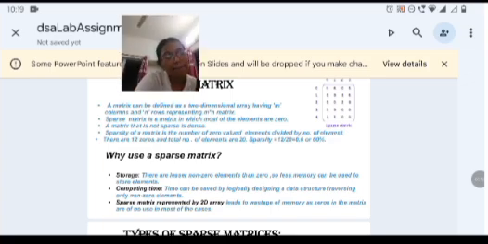Also, it takes much lesser time to compute anything in it because most of the elements are 0. If an appropriate algorithm and programming is built, then the time complexity and the storage space complexity is much lesser in a sparse matrix in comparison to a normal matrix.